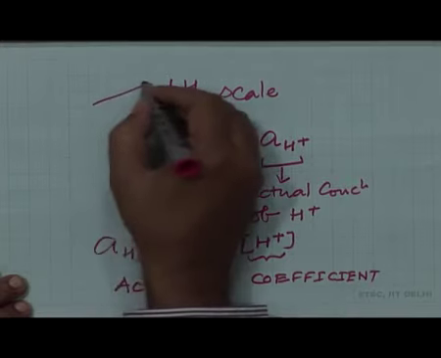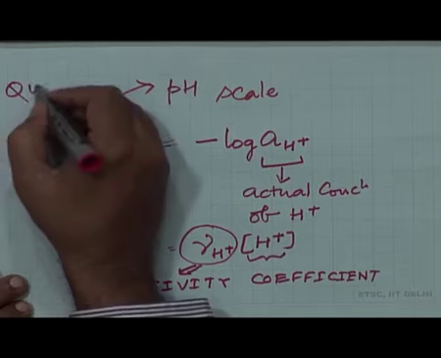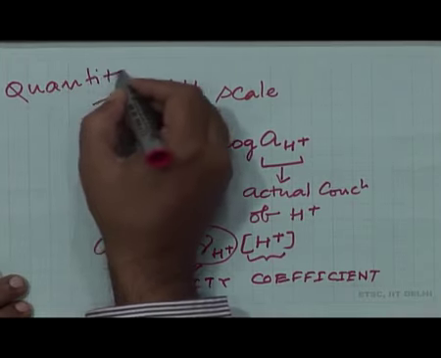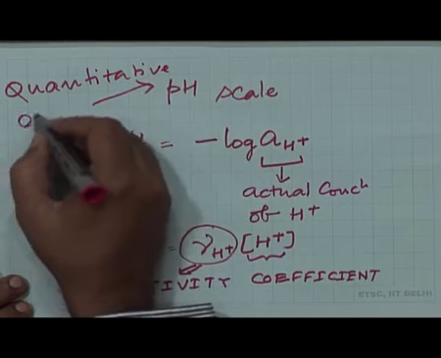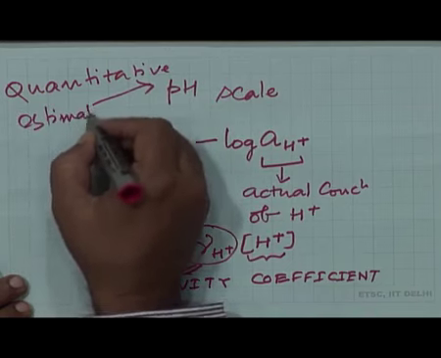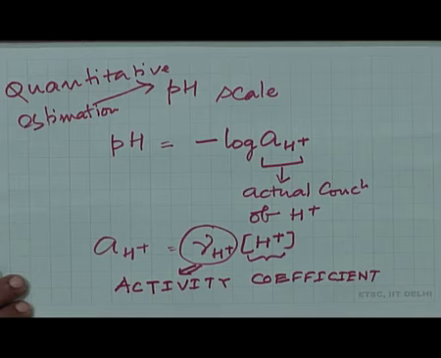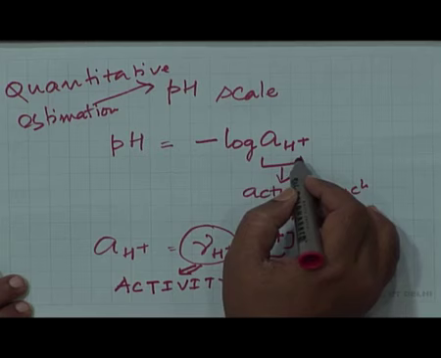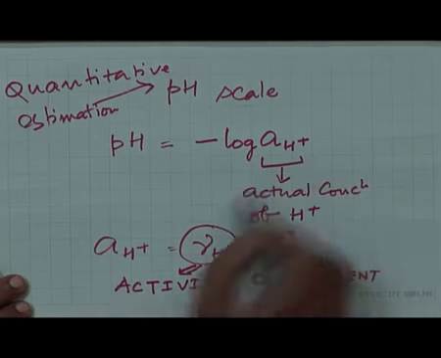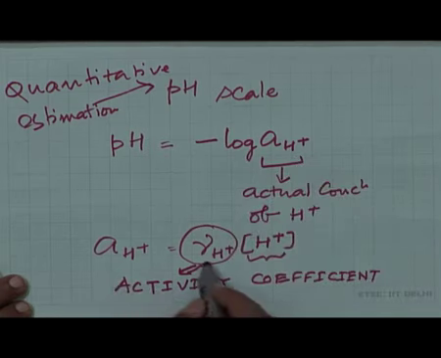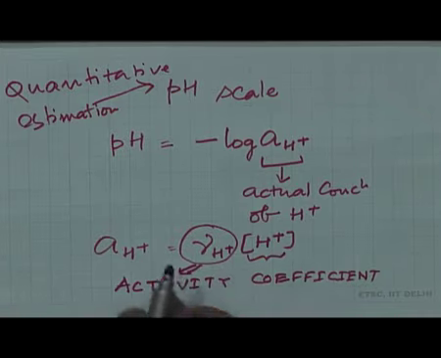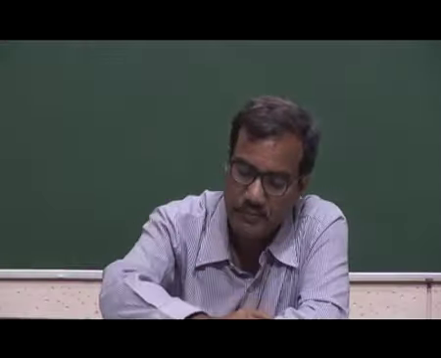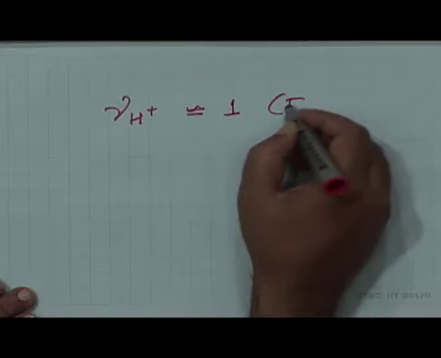So, the pH scale is used for quantitative estimation of acidity and basicity, and this is given by minus log activity of H plus, where activity of H plus is gamma H plus times the concentration of H plus ion. The activity coefficient is almost 1 for dilute solution.